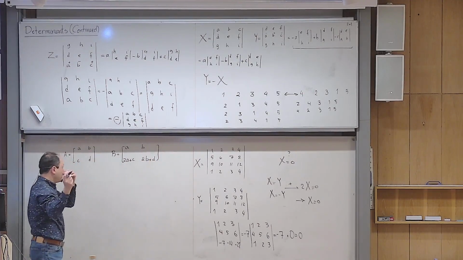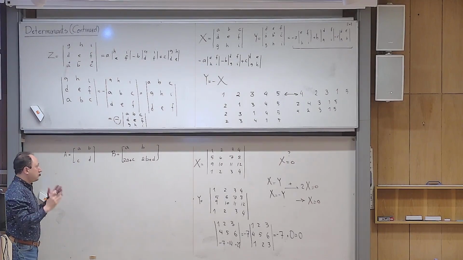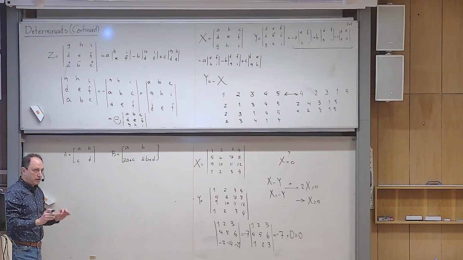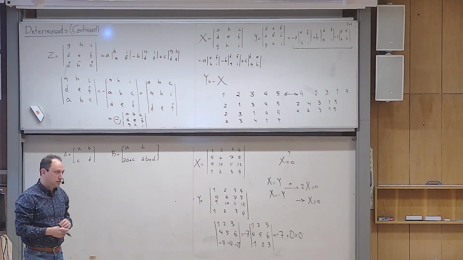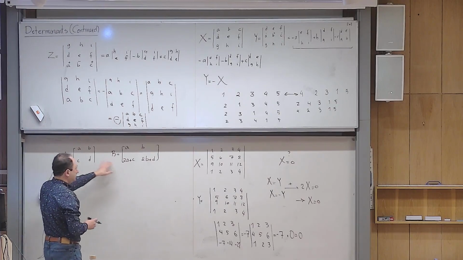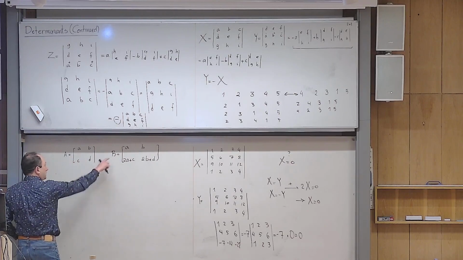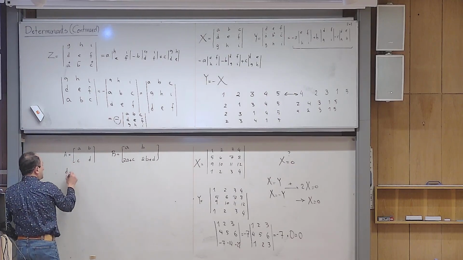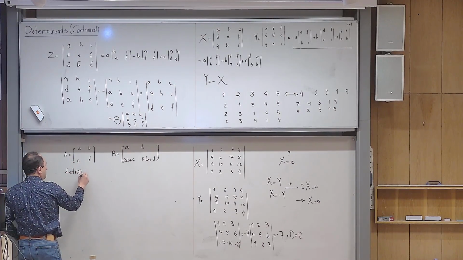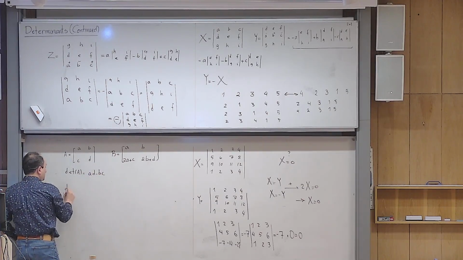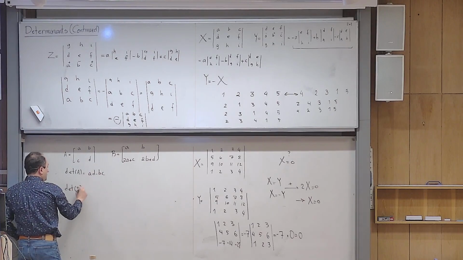What this theorem is claiming is that in the general case, even if they are higher dimensions, the determinants of these two matrices are identical. They are exactly the same. So let us check it for a simple case that we have here. So what can we do? Of course, we know the determinant of A, because this is extremely simple to calculate. It's ad minus bc. Let me calculate the determinant of B. So how should I calculate it?